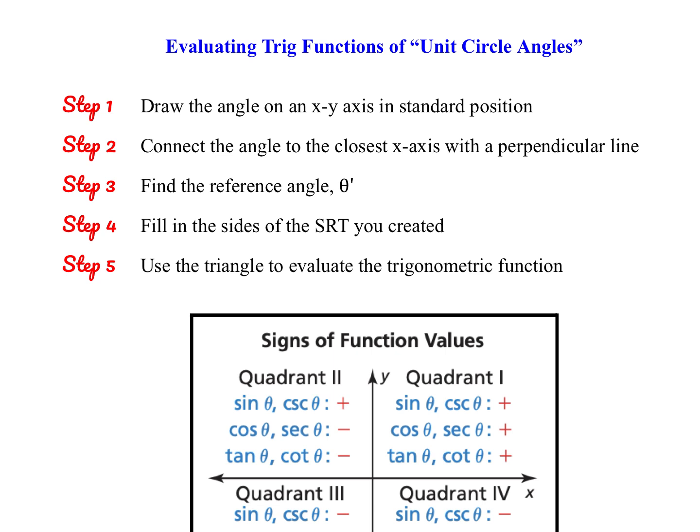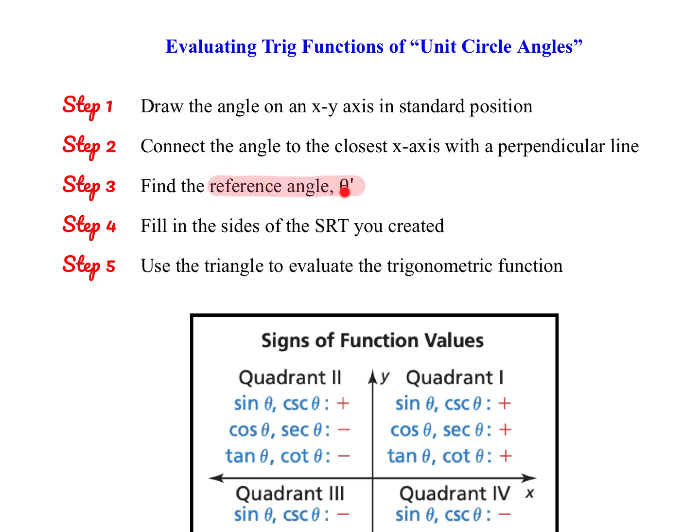So step 1 is we're going to draw the angle in standard position. Step 2, we're going to connect that angle to the closest x-axis with a perpendicular line, kind of like we did in the last lesson when we were working with a coordinate on the terminal side. We will also connect our angle to the closest x-axis to find the reference angle, which remember we call theta prime.